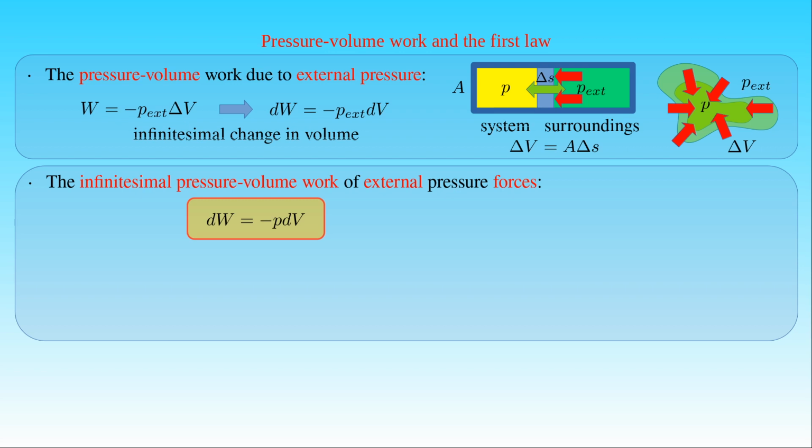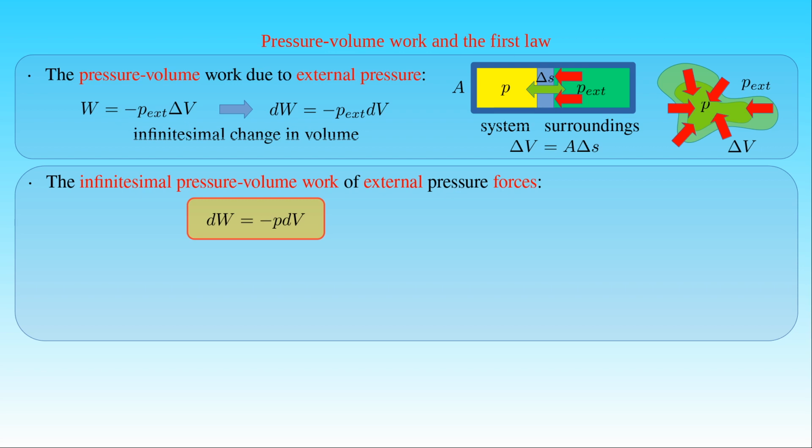In the example we used here, this substance belongs to the surroundings compressing the ideal gas in the system, but in other cases the gas in the system may be the working substance doing the pressure volume work on the surroundings during its expansion. By taking these two possibilities into account, we can state the following. If the external pressure forces compress a gas, then its volume decreases and the infinitesimal change dV in the volume is negative.